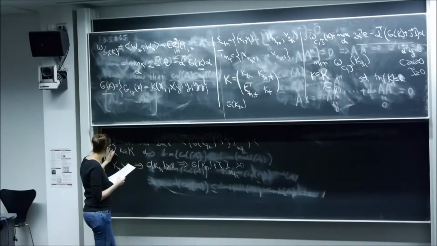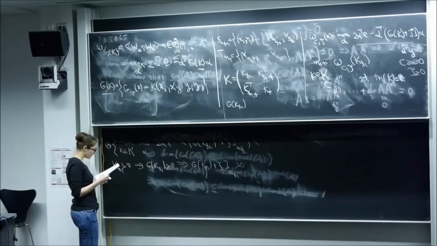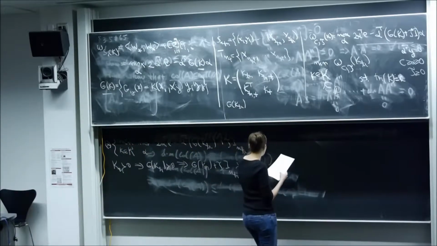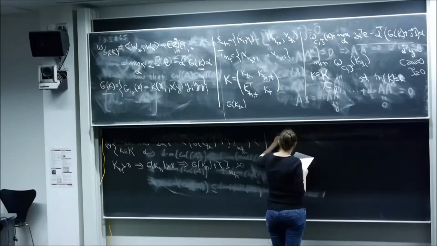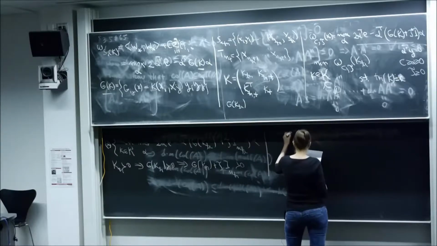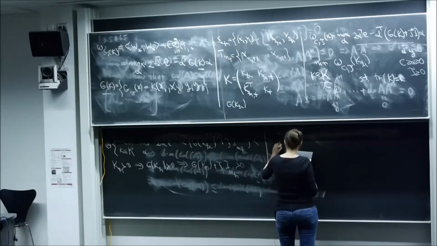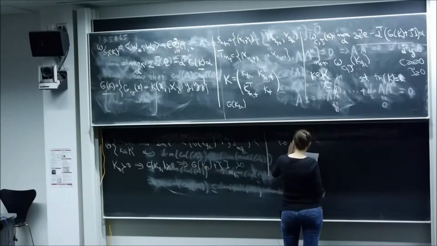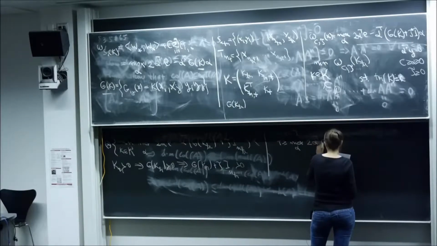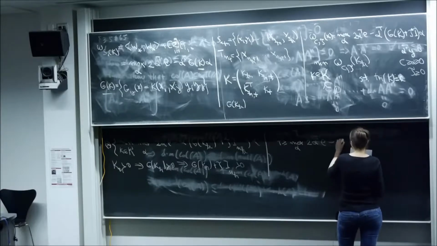And because this procedure is convex in K, we can use a change of variable and write it as a minimum over T under the constraints that, so I'm just going to replace the entire objective with a single variable.